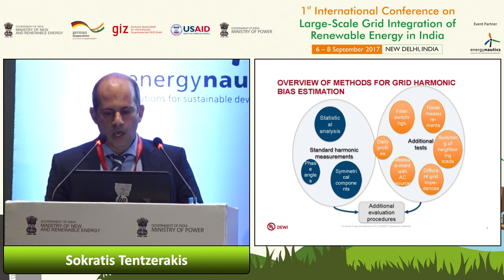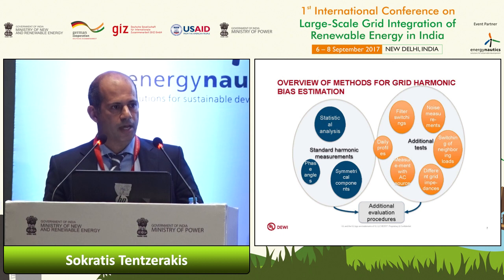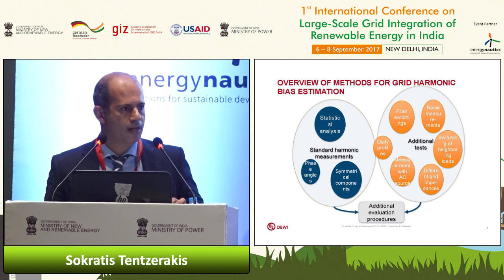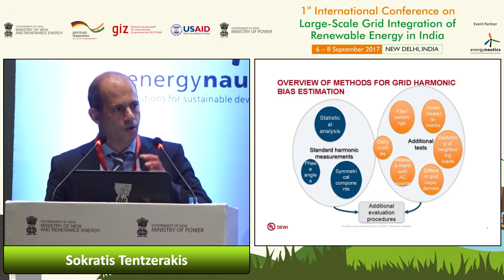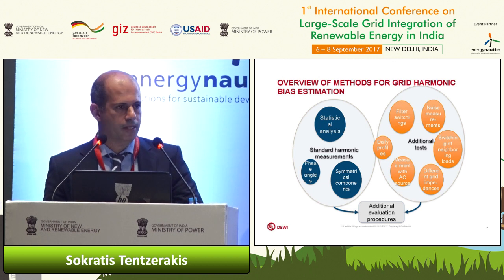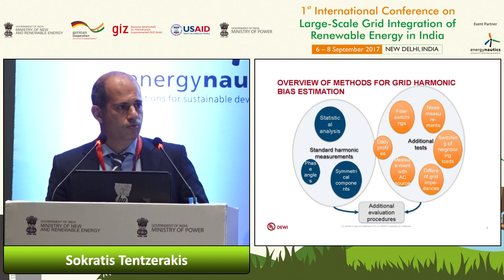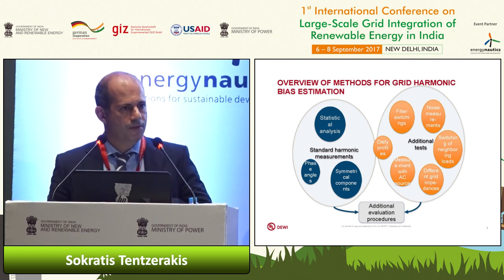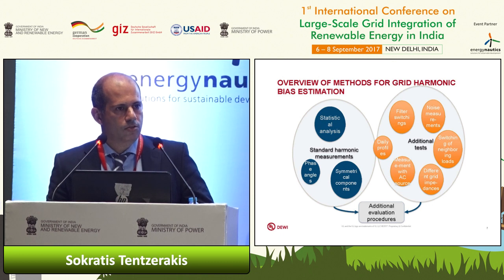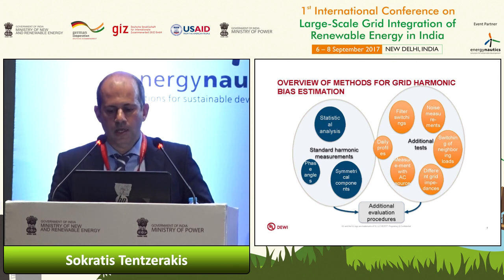Additionally, we can plan systematic tests, further tests. The daily profile is one very typical, which might be done by using the existing data, but the longer durations that we have, the better. So we can have an idea of the daily profile. We can make noise measurements, which means that we need to switch off the wind turbine or the PV inverter totally, maybe from the MV circuit breaker, and check the voltage harmonic distortion for the rest of the grid.